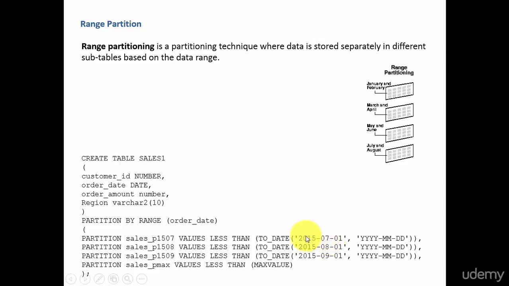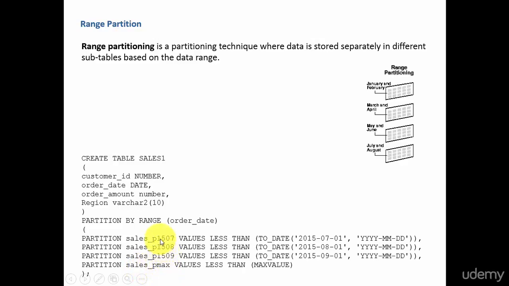That means all the data for the order date less than 2015 July 1st will be stored in partition sales P1507, and all the order rows with the order date less than 2015 August 1st will be stored under partition sales P1508, and all the rows with the order date less than 2015 September 1st will be stored in sales P1509, and all the other values which are greater than this will be stored in sales_Pmax.